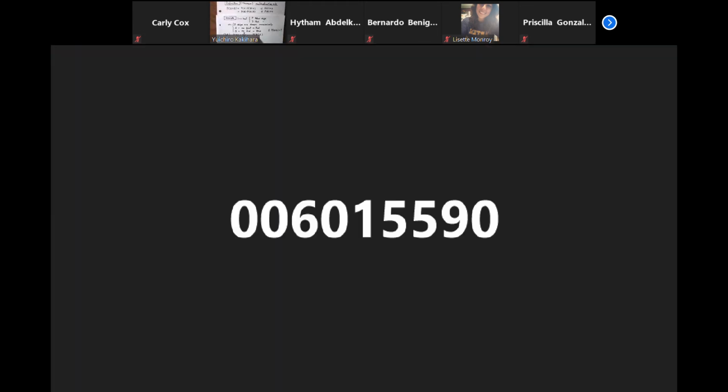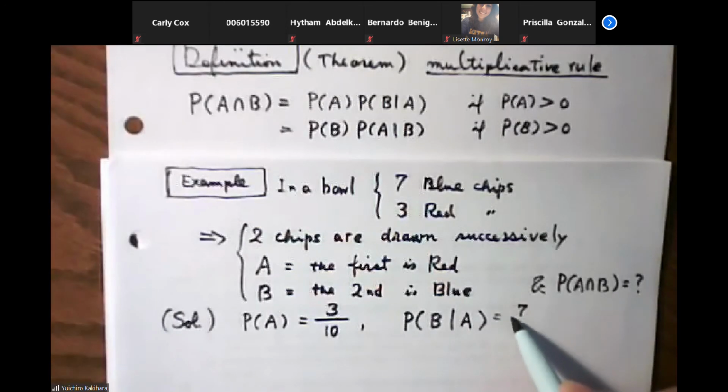Would it be 7 over 9? Do you all agree? Why is this 10, 9? Because one chip is already taken, so 9 chips are left in the ball. And out of 9, there are 7 blue ones. So the probability must be 7 over 9. Right, that's good.